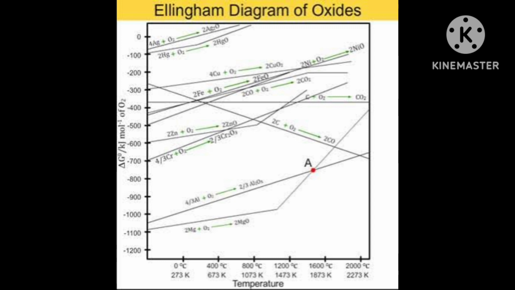That is, for the reaction in general, 2xM plus O2 gives 2MxO, where x is the coefficient, maybe 1, maybe 2, sometimes 3, and MxO is the metal oxide, just like M2O, M3O, MO.